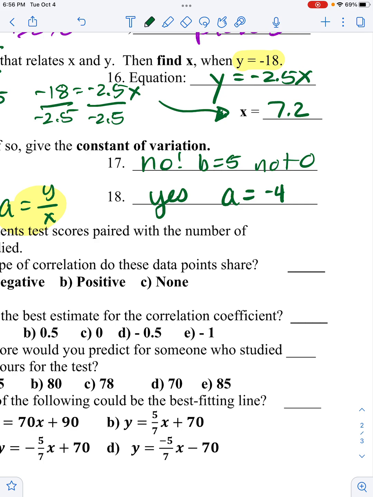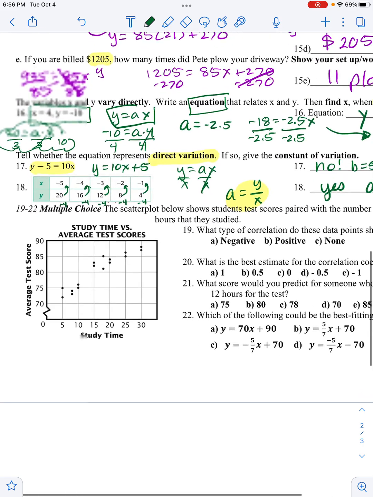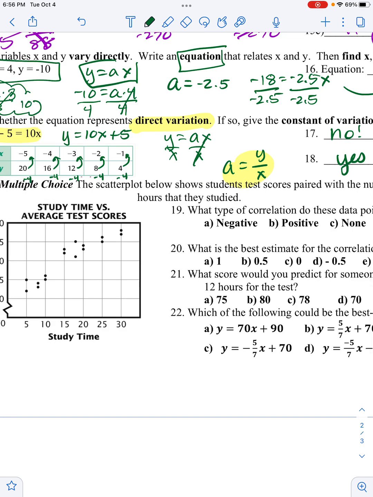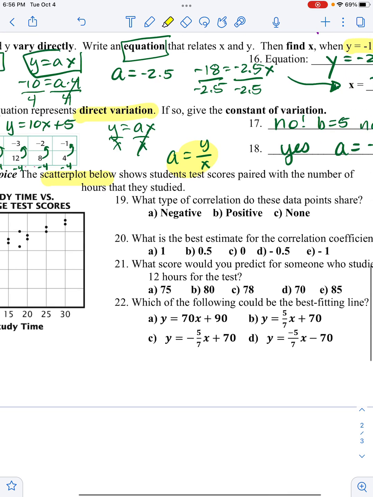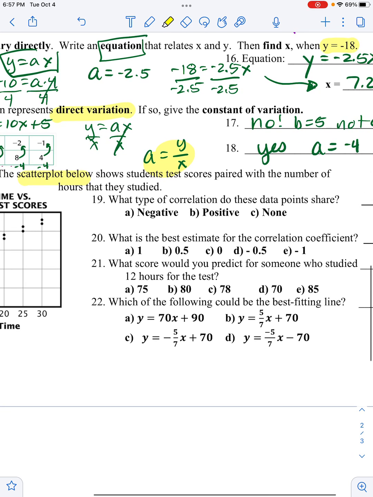Okay, so then now, last but not least, is my scatter plot. It is given to me because I think it might take too much time to actually draw one. It shows test scores paired with the number of hours they studied. What type of correlation, so this is talking about that R value, do they share?